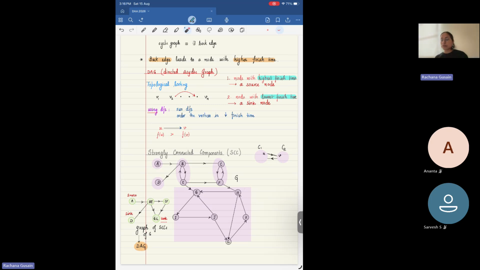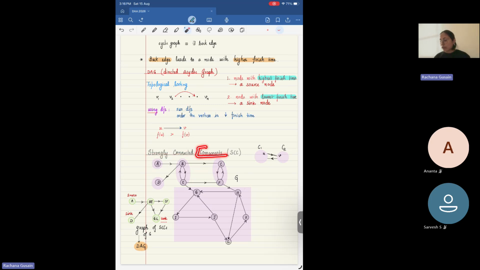So what we are interested in finding is something called strongly connected components in the graph. For instance, this is a graph, and I have highlighted a part of it. A singleton vertex is always trivially strongly connected, so A here is strongly connected. Now, is it a strongly connected component?